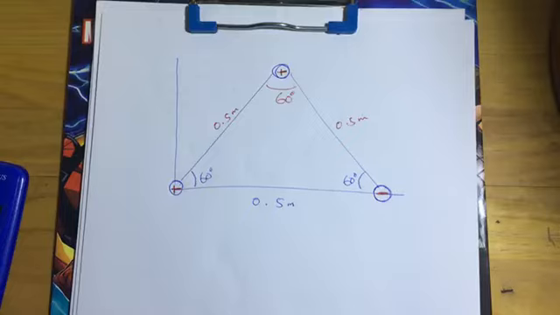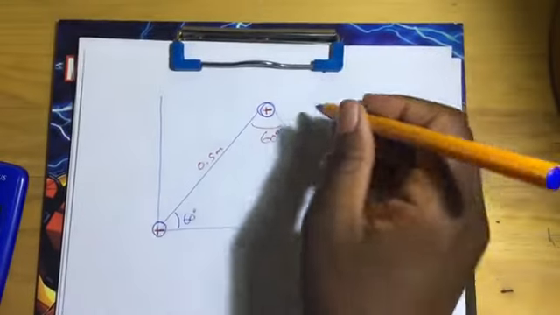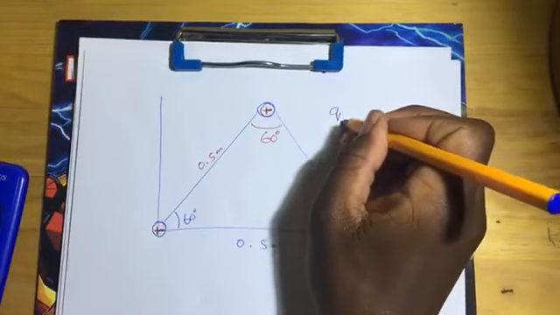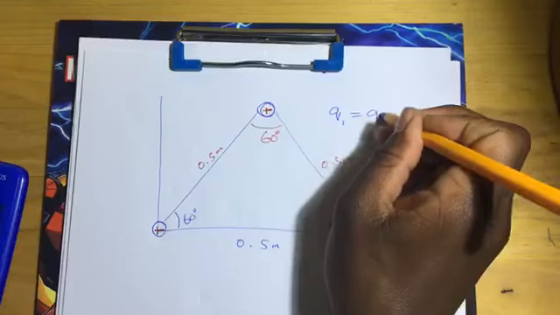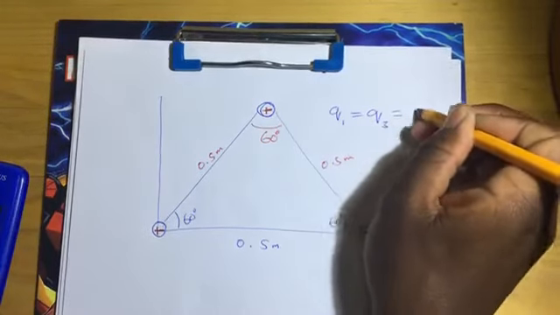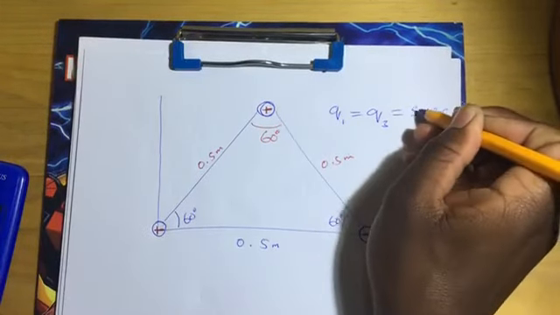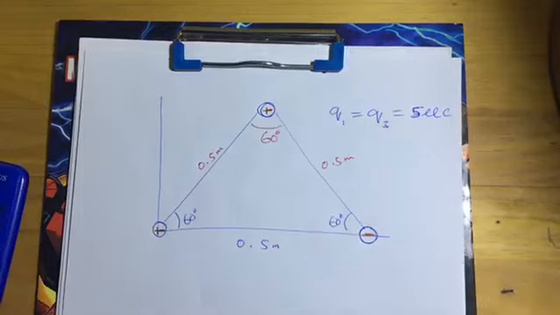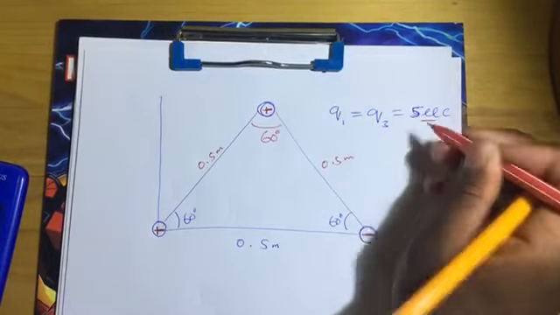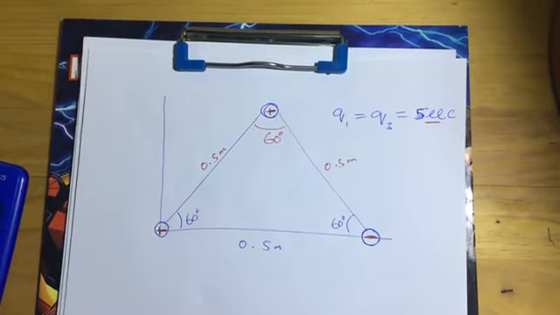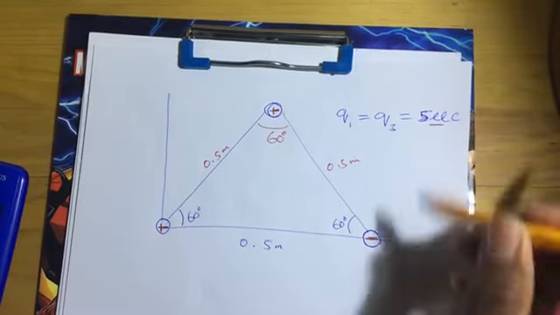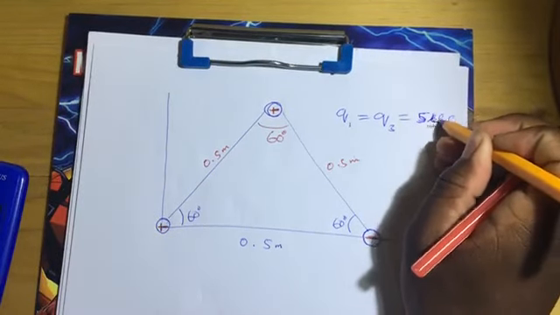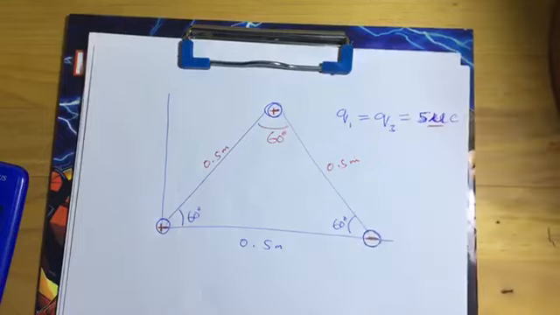You understand? And then they tell us that Q1 is equal to Q3, which is equal to 5 microcoulombs. So there's this prefix that has appeared. Whenever you see micro, what does it represent? This prefix, this micro, what does it represent?